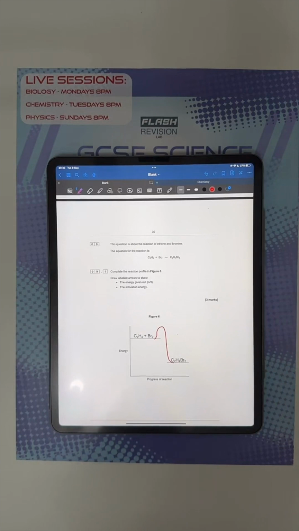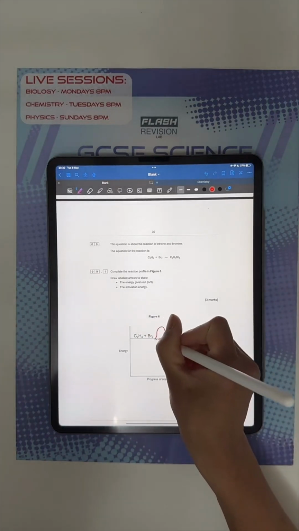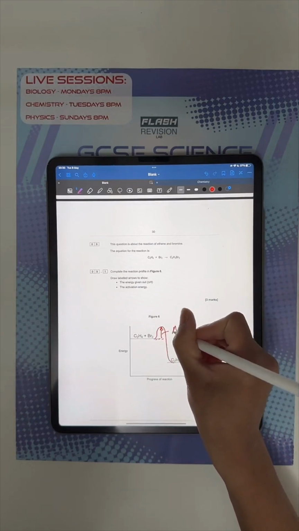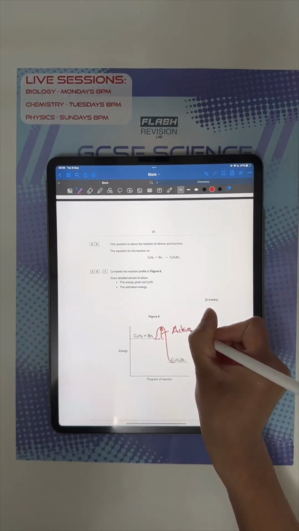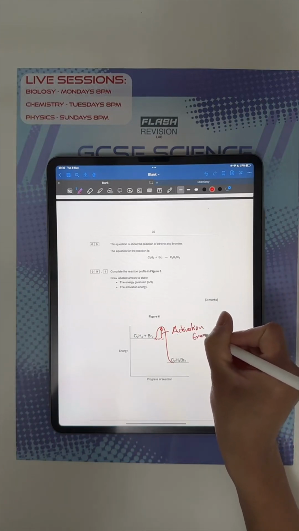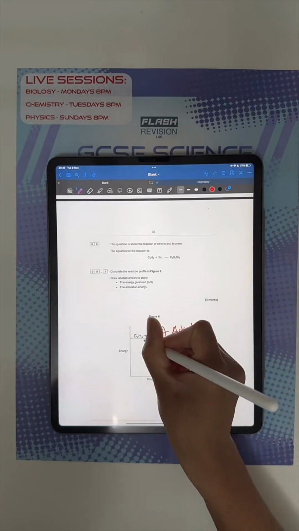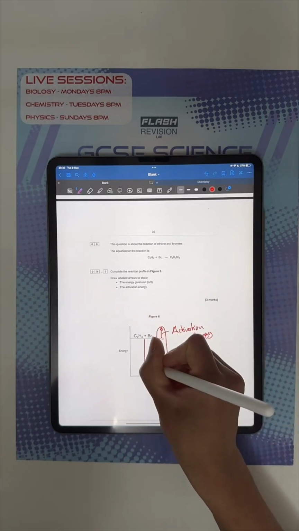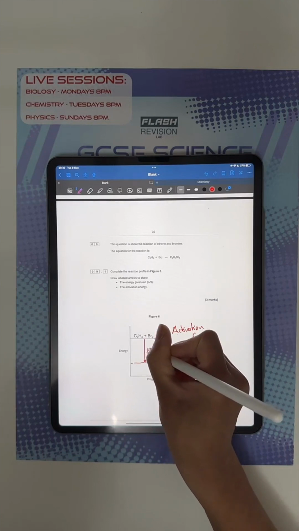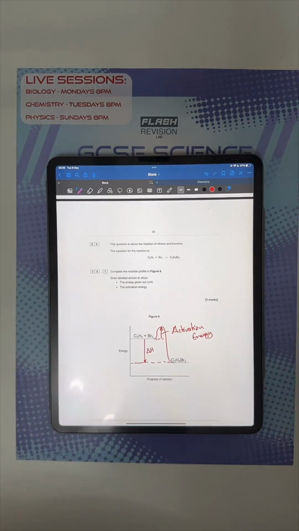Label activation energy and delta H as normal. Just like before, this is like a repeat question, so I'll go through it quickly. And the energy change is over here.